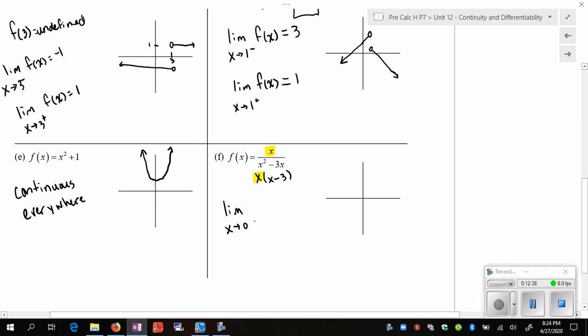And if I plug in 0, obviously I get 0 over 0. But if I plug it into the reduced function, the top would become 1, and the bottom is x minus 3, if I plug in 0, is negative 3, so 1 over negative 3. But f of 0 is undefined.